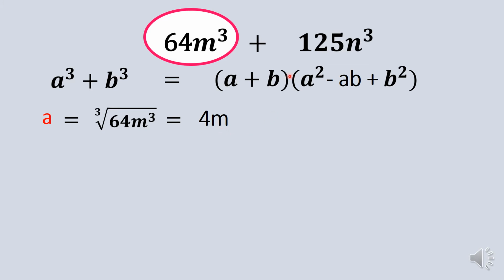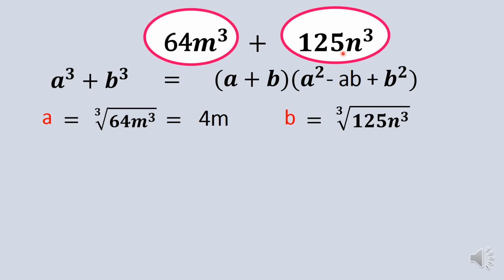Next, for our b, so ito po yung ating second term, which is 125n cube. So, kunin natin yung kanyang cube root. So, mag-iisip tayo ulit ng number na kapag tinimes natin 3 beses sa sarili niya, ang magiging sagot ay 125. Which is, sobrang dali naman, you have 5.